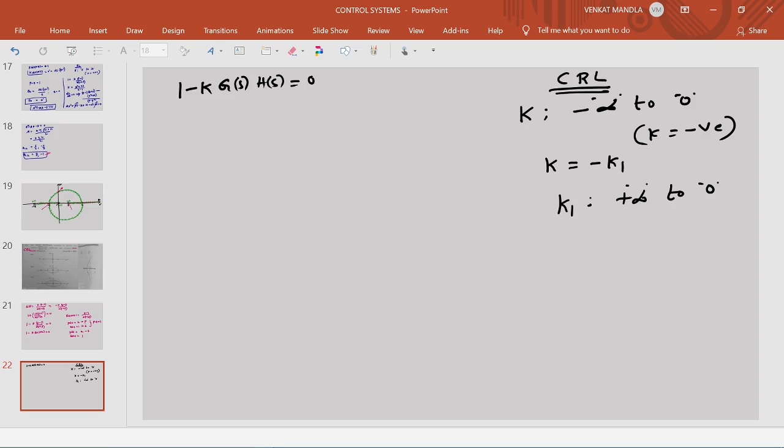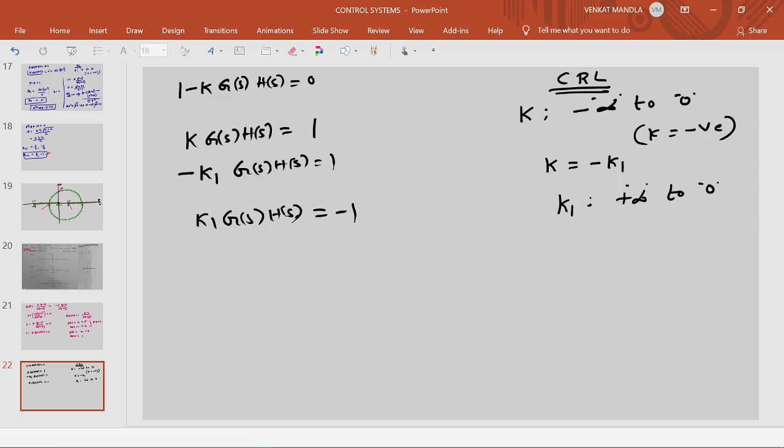Now here k gs hs equal to 1. Here k is negative, that is why the angle is going to change, so I will replace this k by minus k1. From this, k1 gshs equal to minus 1.